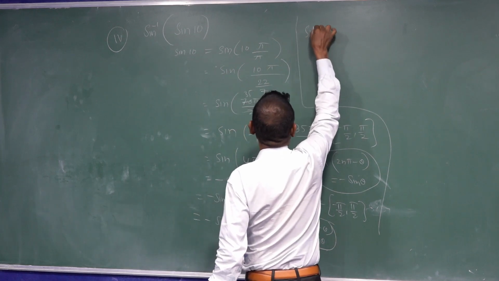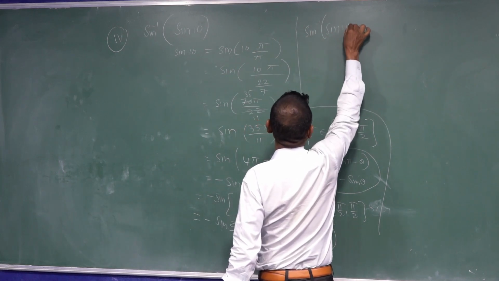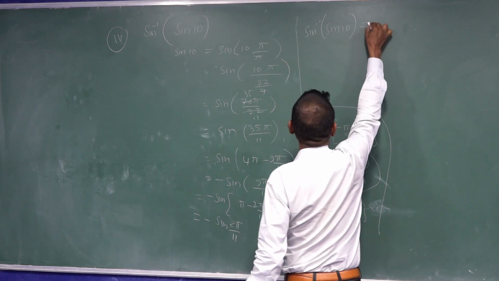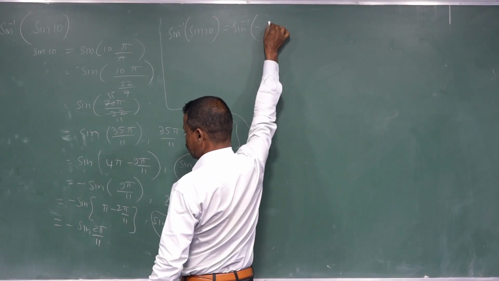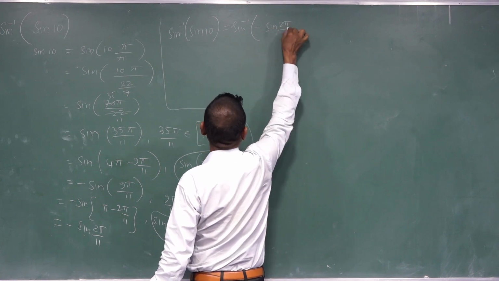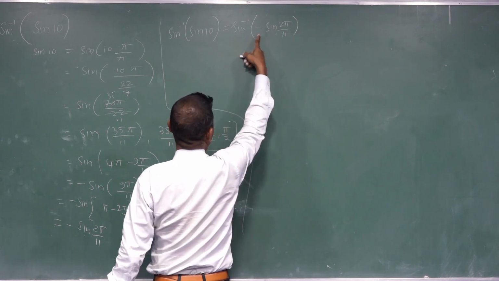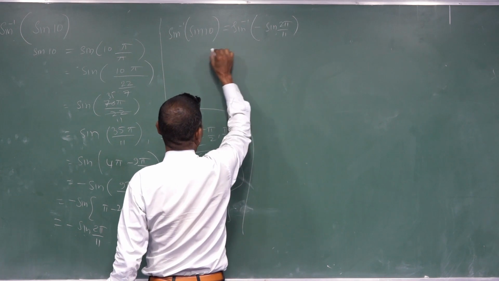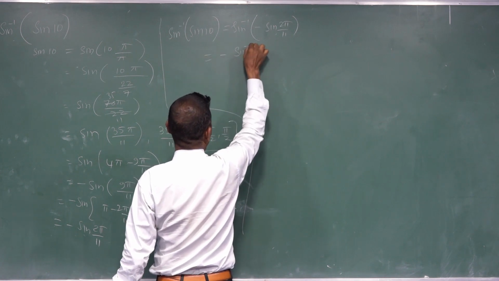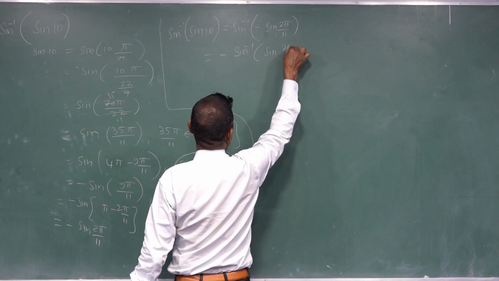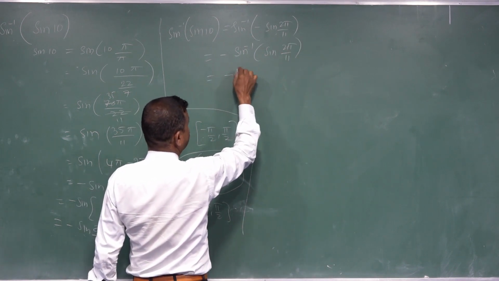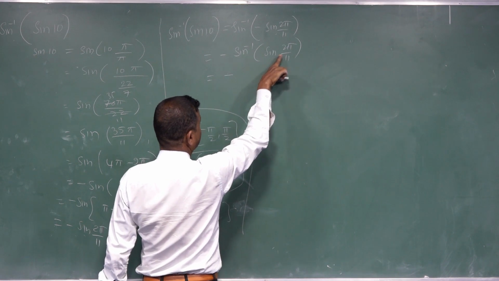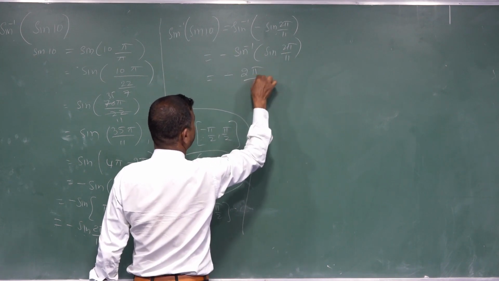After this, complete: sine inverse of sine 10 is equal to sine inverse of sine 10 value minus sine 2 5 by 11. Sine inverse of minus x, the minus comes outside: sine inverse of sine 2 5 by 11. Now the minus as it is, sine inverse of sine cancelled, 2 5 by 11.